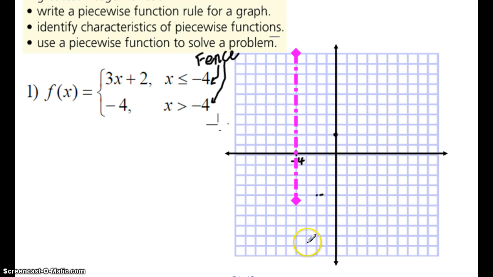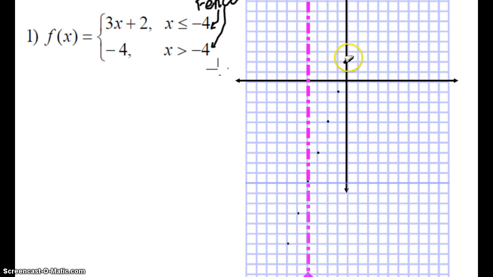Down 3, over 1. So let's extend our line right here. Again, what we did was take the y-intercept, go down 3 over 1, down 3 over 1, and so on.